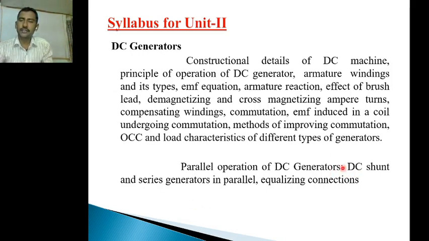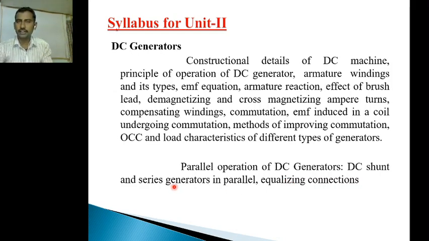That means parallel operation of DC shunt generators and DC series generators. And we will see parallel operation of DC compound generators also, and the equalizing connections in the case of series generators and compound generators.